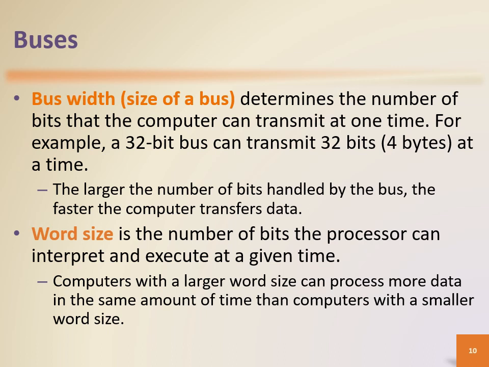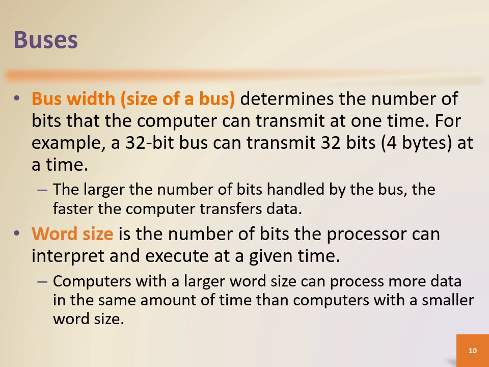Okay, with buses comes the concept of bus width and word size. Bus width is actually the size of the bus, which determines the number of bits that your computer can transmit at one time. For example, if your computer has a 32-bit bus, it means it can transmit only 32 bits at a time. 8 bits make up a byte, so 32 bits means it will transfer 4 bytes at a time.